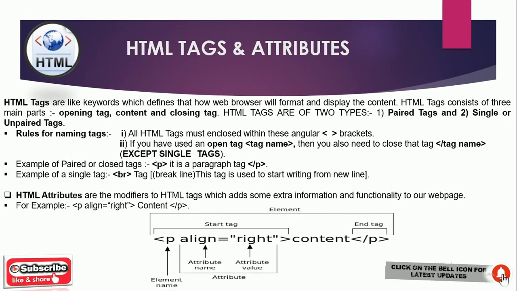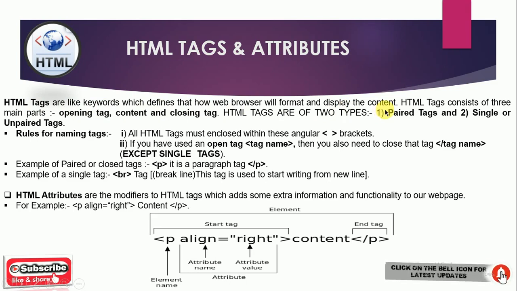Now we will talk about what are HTML tags and their attributes. HTML tags are like keywords which define how the web browser will format and display the content.